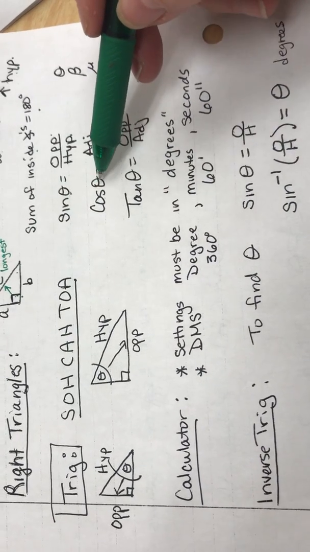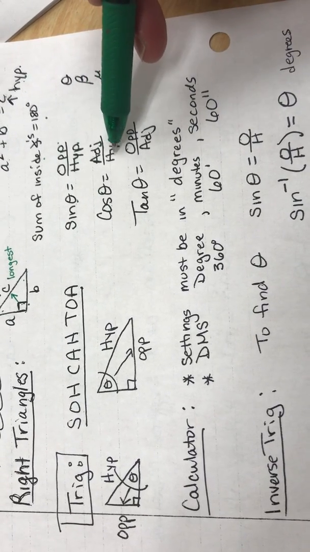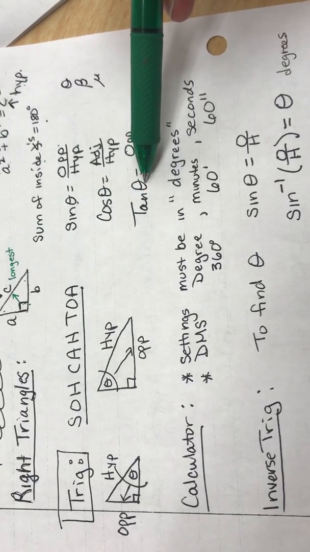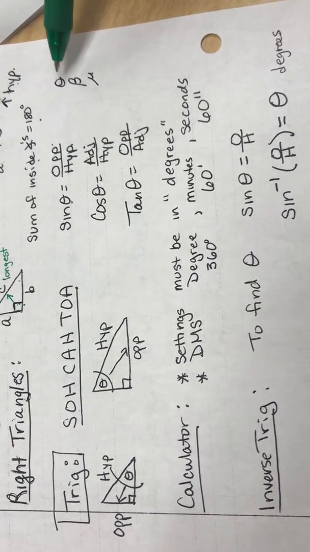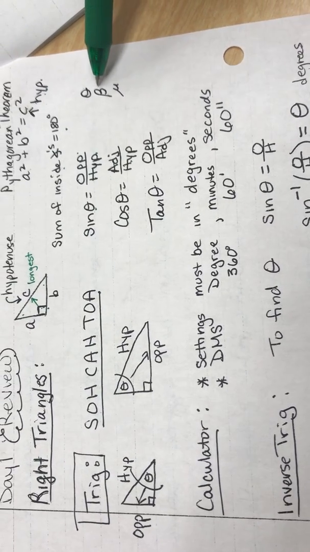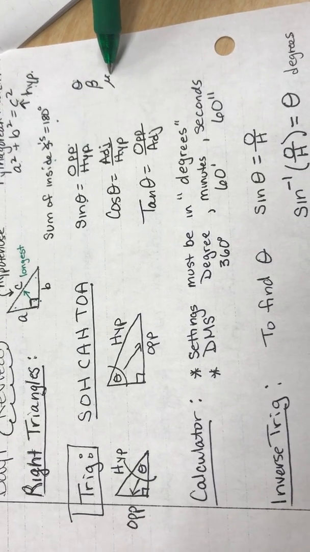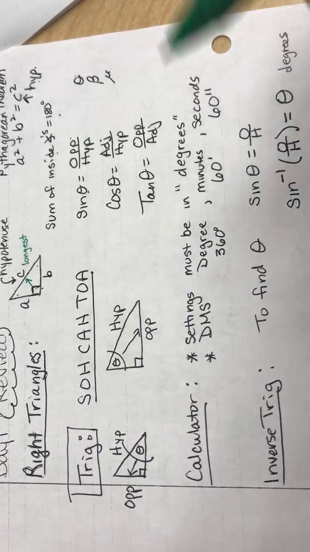CAH is cosine theta, meaning the angle, is adjacent over hypotenuse, and TOA is tangent theta, which is opposite over adjacent. That theta can be represented in different Greek symbols, theta, beta, mu. Okay, it's just a different way of saying it, just like we use X, Y, and Z.